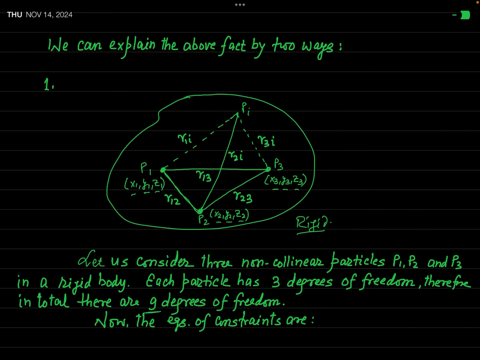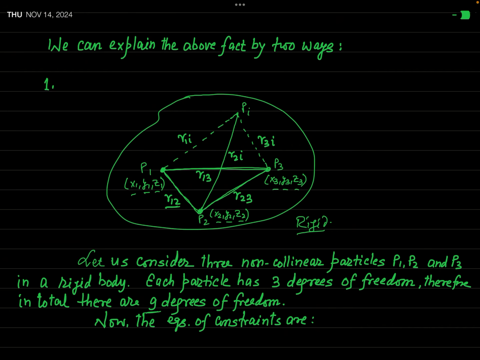I have marked here R12. What is this R12? R12 is the separation of particles P1 and P2, or you can say the distance between particles P1 and P2. And similarly, R23 is the distance between particles P2 and P3. And R13 is the distance of particle P3 from P1, or between P1 and P3.